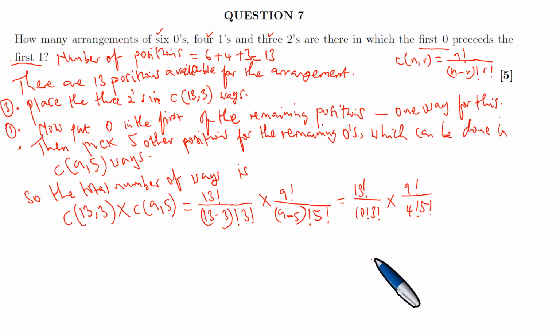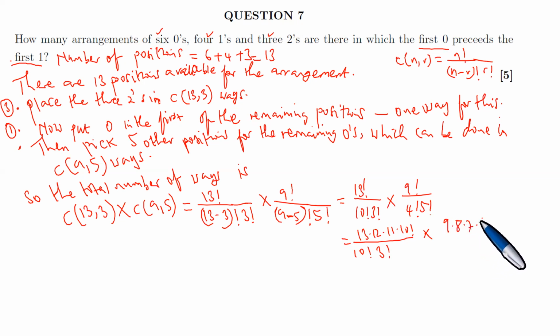Or you can use a calculator to just do it from the multiplication at the beginning. Another student can say 13 factorial is 13, 13 minus 1 is 12, minus 1 is 11, and then you have 10 factorial. You divide by 10 factorial, 3 factorial, so the 10 factorial is going to cancel. 9 factorial can be reduced to 9, 8, 7, 6, and then 5 factorial.